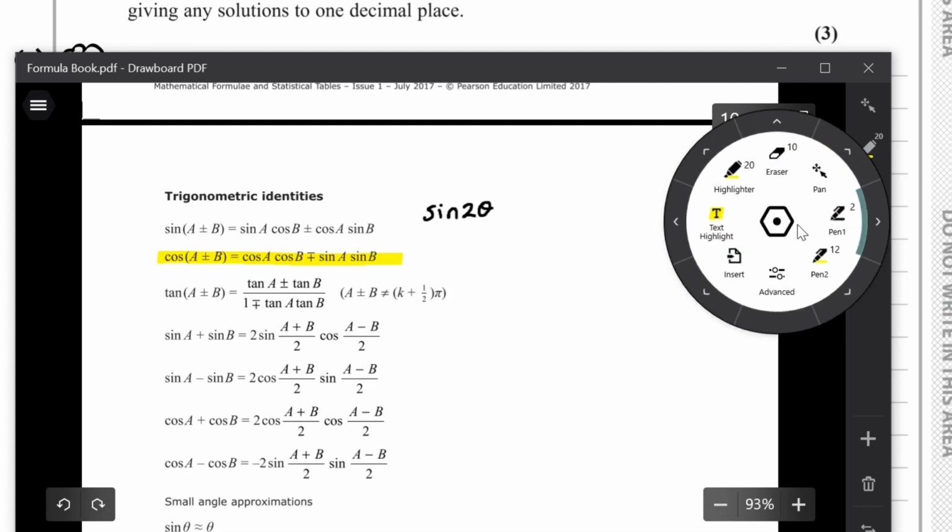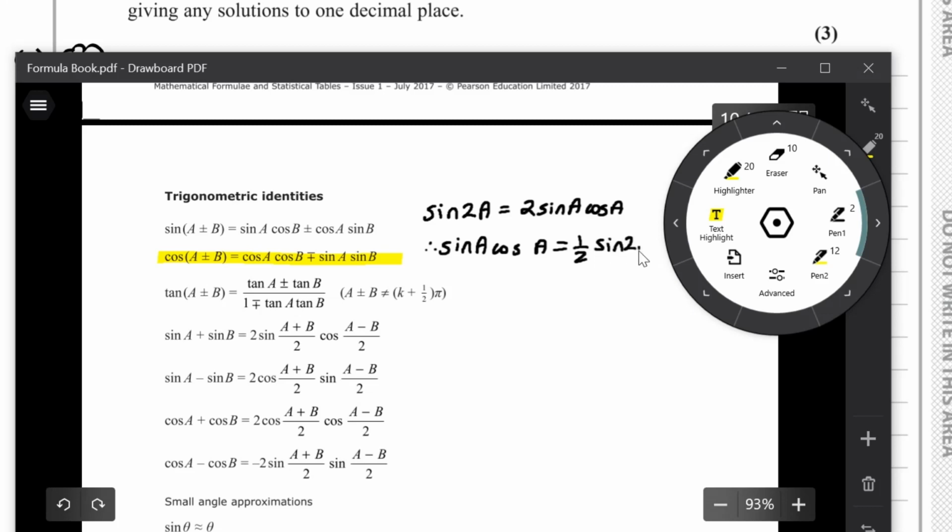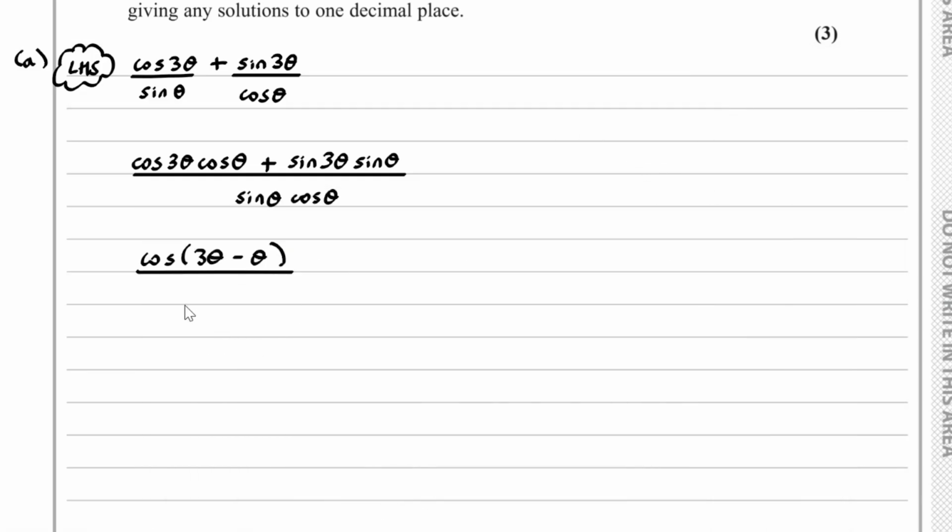Let's put this in terms of A instead: sine of 2A is equal to 2 sine A cos A, and therefore sine A cos A is equal to 1/2 sine 2A. So sine theta cos theta is 1/2 sine 2 theta. So on the bottom we have 1/2 sine 2 theta.